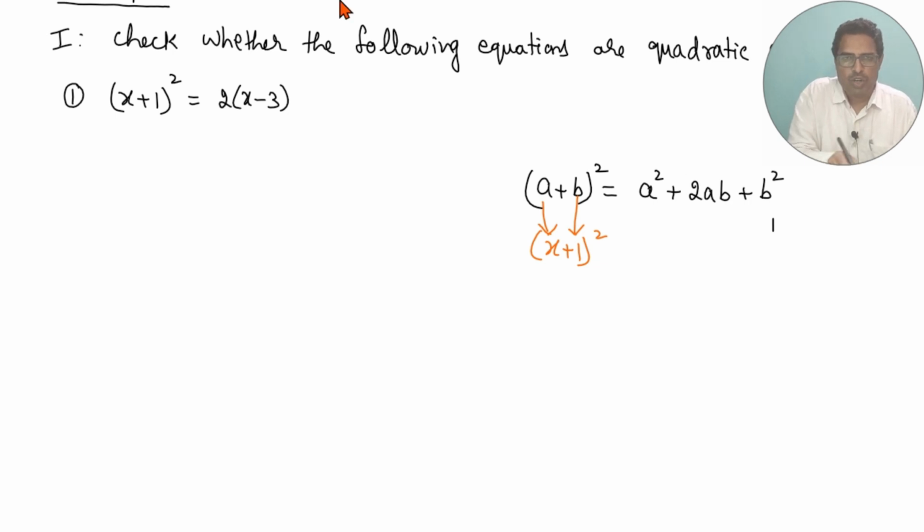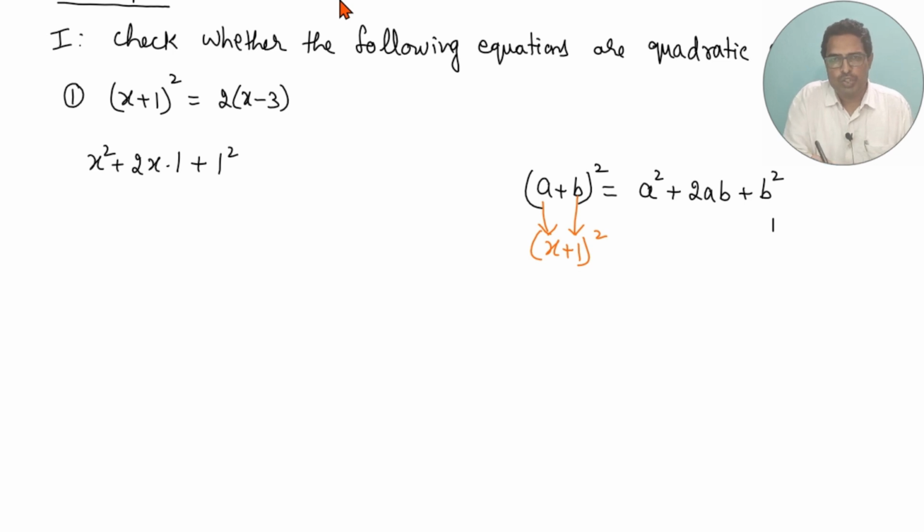Let us use the formula. The a value is x, so a square is x square, plus 2 times the a value x into b. The b value is 1. A square plus 2ab plus b square, and b is 1, so it is 1 square.